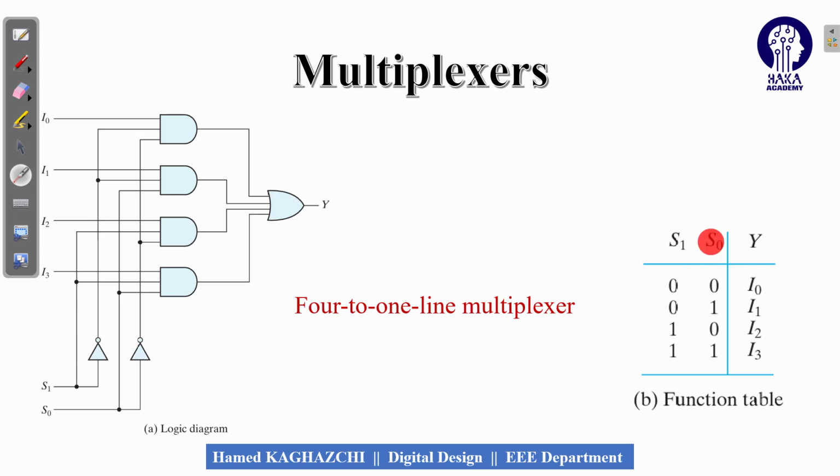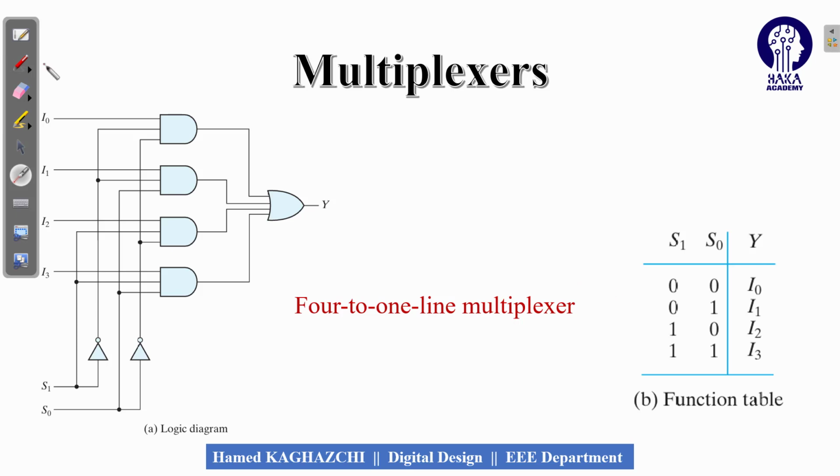If we have 2 control lines, we will have 4 possible combinations: 0 0, 0 1, 1 0, and 1 1. Again, when we give 0 0 to the control lines of a multiplexer, the I0 input will transfer to the output. And if we give 0 1, it means that I1 has to be transferred to the output. Similarly for all of them.